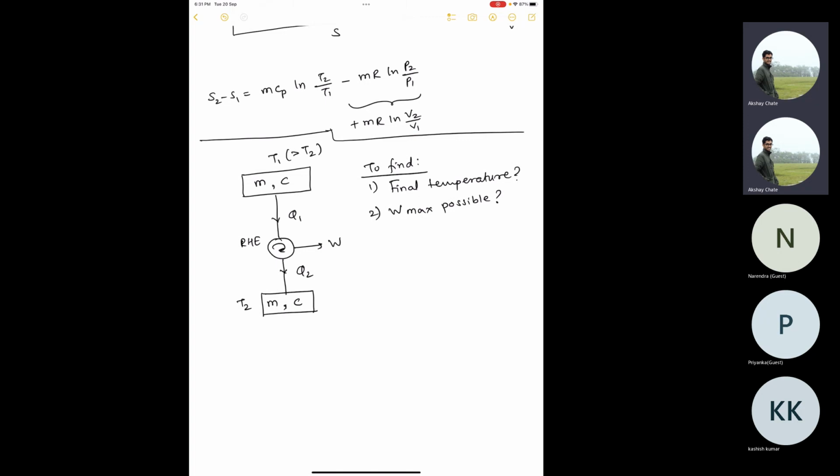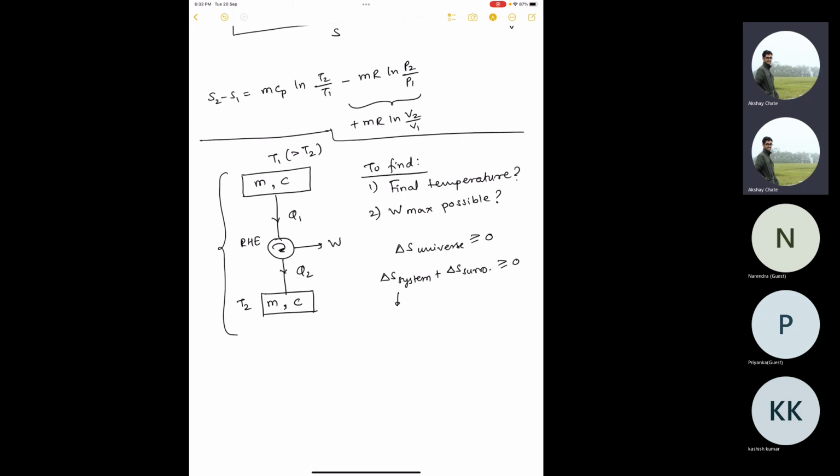Now what you do, we'll use the second law of thermodynamics, in the sense that the increase of entropy principle is there, right? So delta S of universe will be greater than or equal to 0. So this is delta S of your system plus delta S of surrounding is greater than or equal to 0. Now we'll consider this whole thing, this whole source, sink and engine as our system.